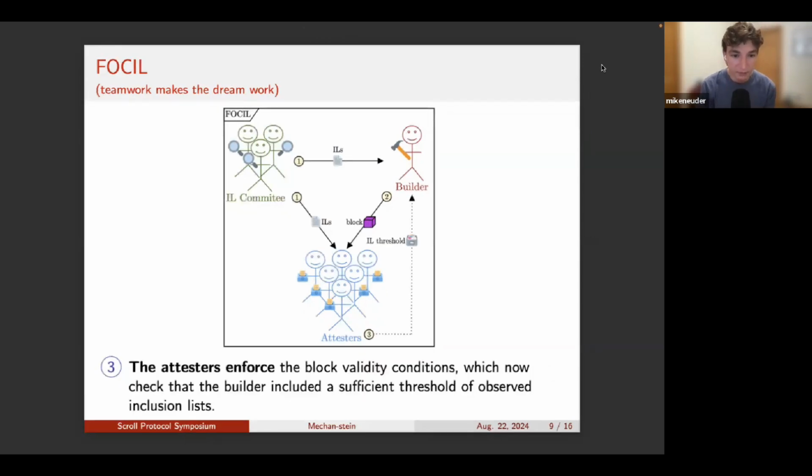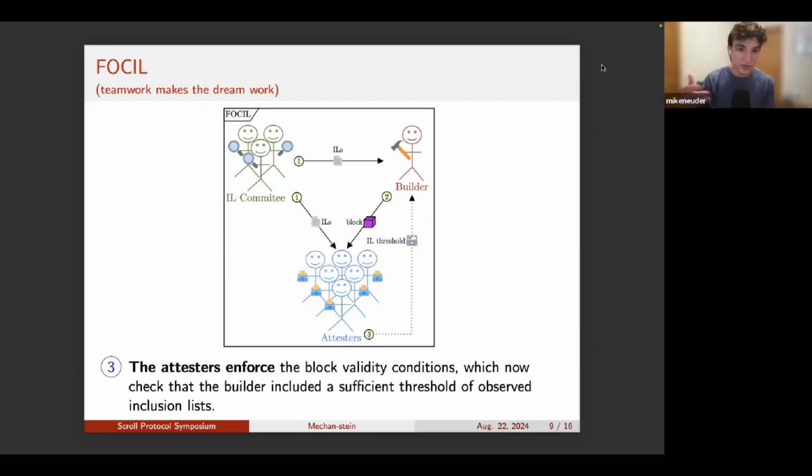And as you may have guessed, this enforcement needs to take place. In particular, the block validity conditions change, which now check that the builder included a sufficient threshold of observed inclusion lists. So very much like the threshold of the bid size from before, the attesters are also listening over the peer-to-peer network, and they're seeing these inclusion lists coming in.